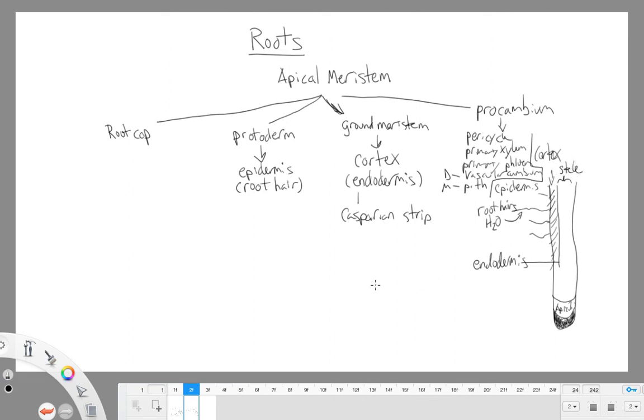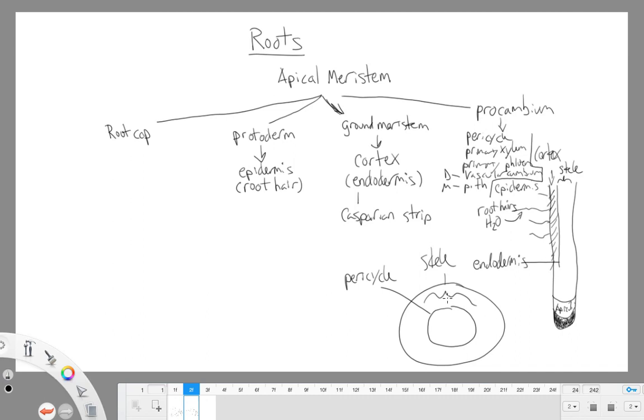And if we look at the stele top down, this section right here is our stele. The outside of our stele is the pericycle. And our pericycle is responsible for the production of branch roots.